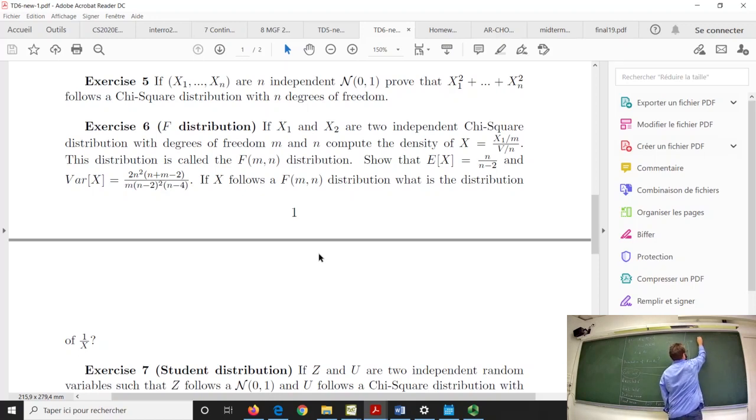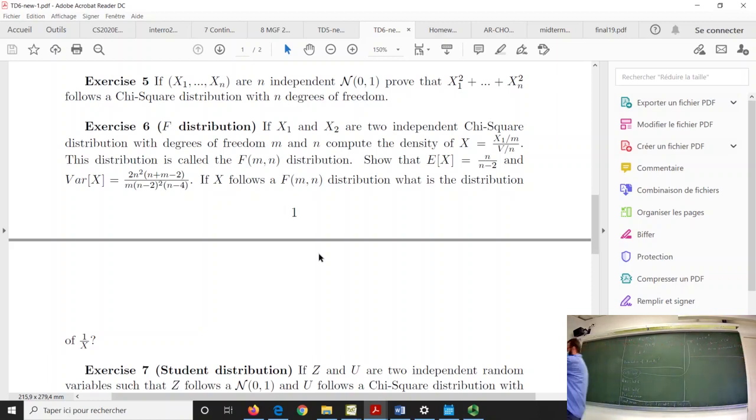So what I have to prove is that for all n belonging to N star, if I write the statement in a slightly different way, X1 squared plus ... plus Xn squared follows a chi-square of parameter n if X1, ..., Xn are n independent N(0,1).